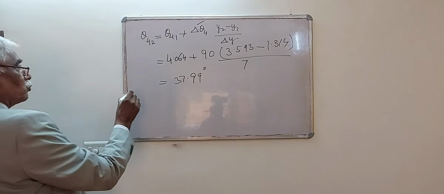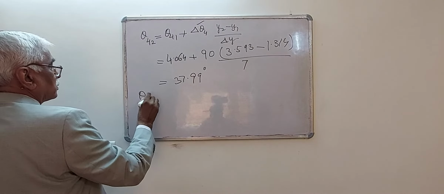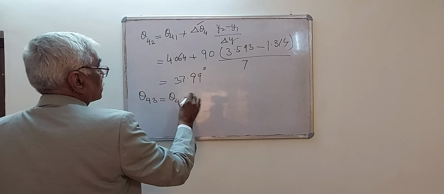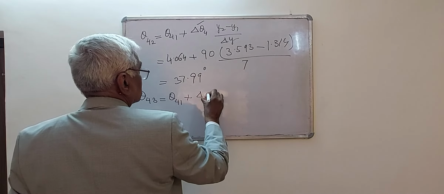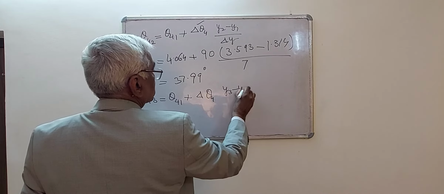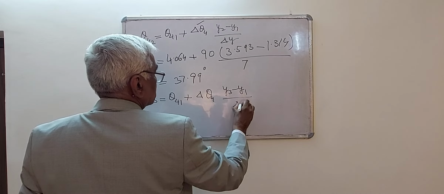Similarly, we can calculate the value of theta 43, that is theta 41 plus delta theta 4 (y3 minus y1) divided by delta y.